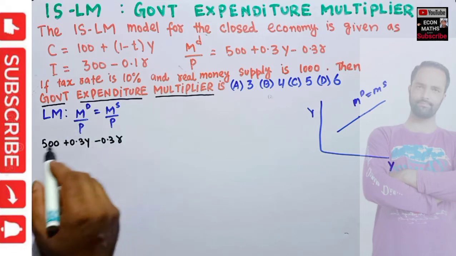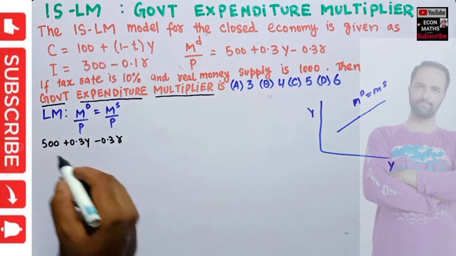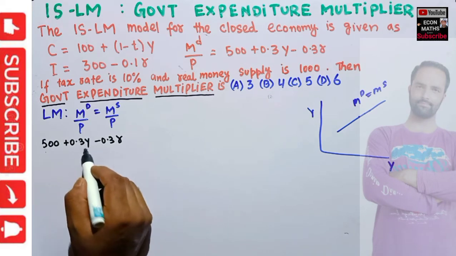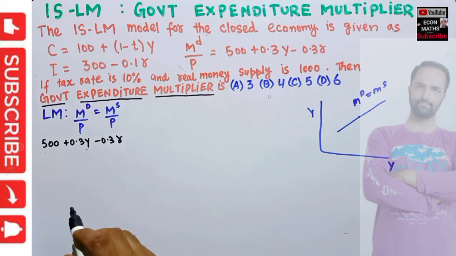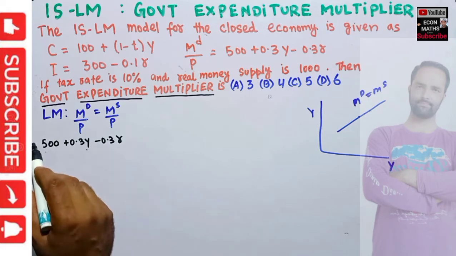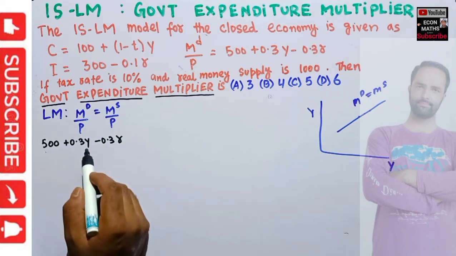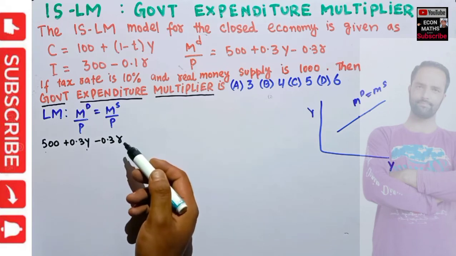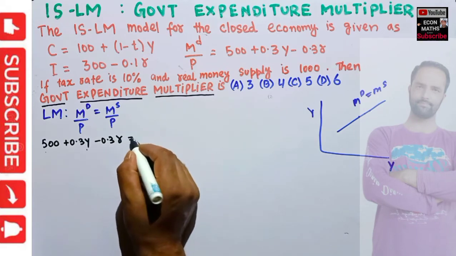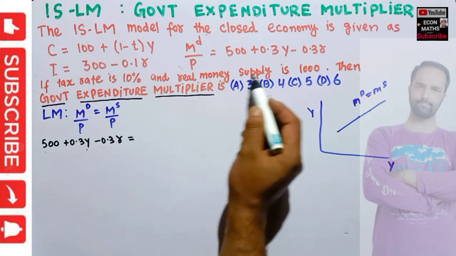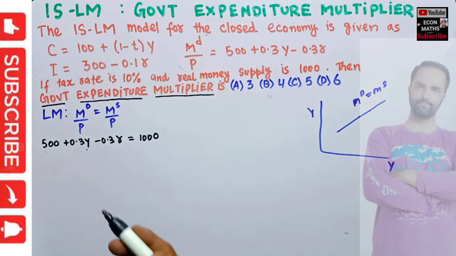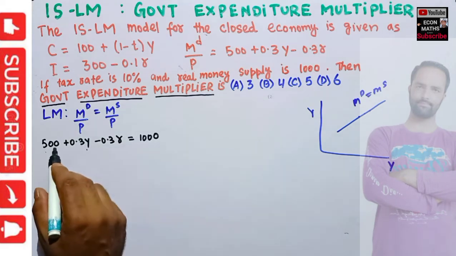Actually, this money demand is composed of two parts, the precautionary demand for money and the speculative demand for money. That means our money demand is a positive function of income and a negative function of the rate of interest, and it should be equal to our real money supply, which we are being told is 1000.